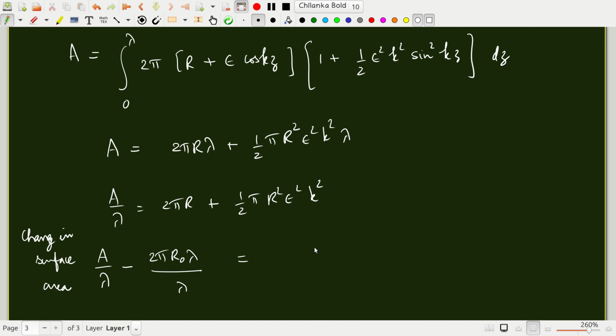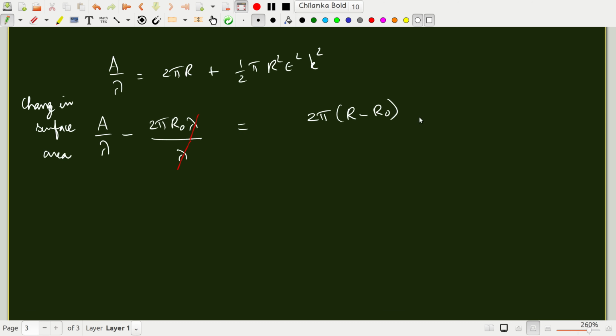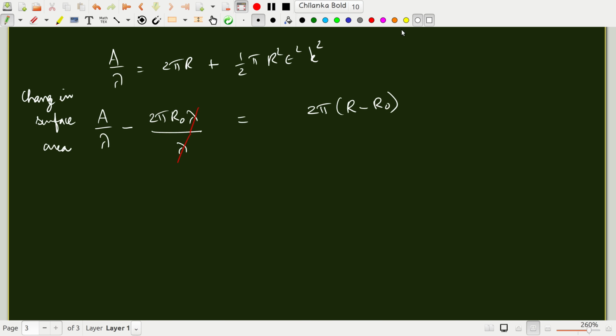So I have to do 2 pi. Now this lambda will cancel out, 2 pi times r minus r naught. So I need r minus r naught to do this. We'll get an expression shortly that will come from volume conservation.